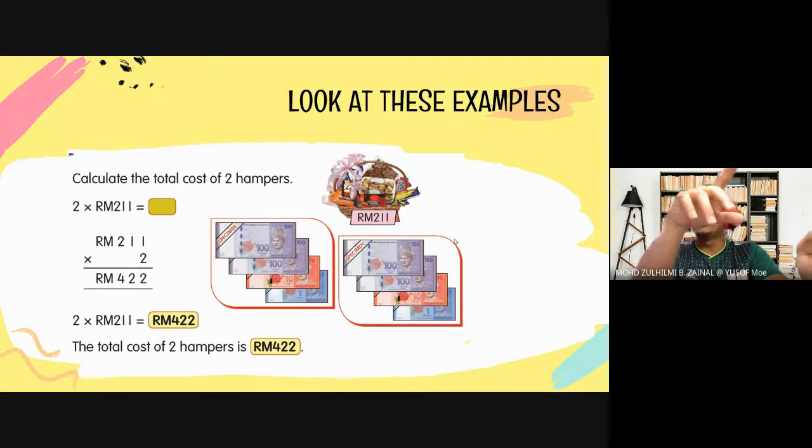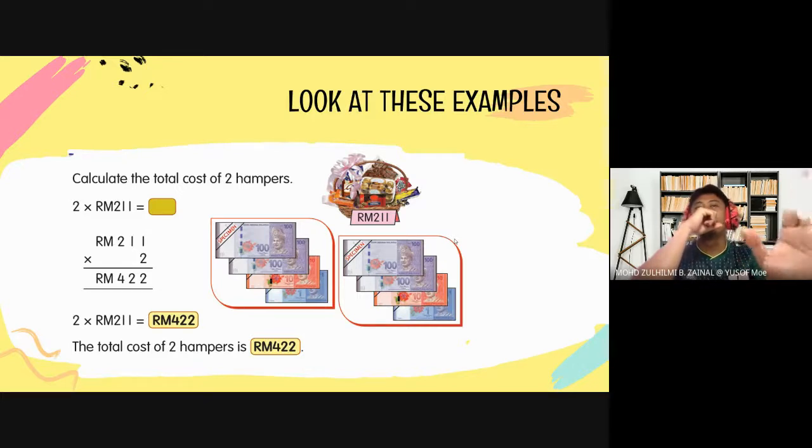Meaning calculate the total cost of 2 hampers. 1 hamper will cost you 211 ringgit. You have to buy 2 hampers, so you have to multiply with 2. So 2 times 211 ringgit. Your answer should be 422 ringgit.